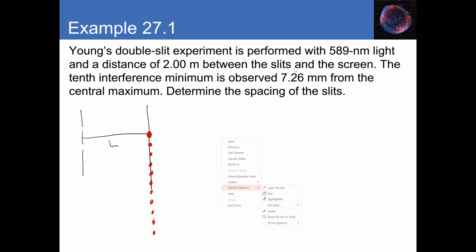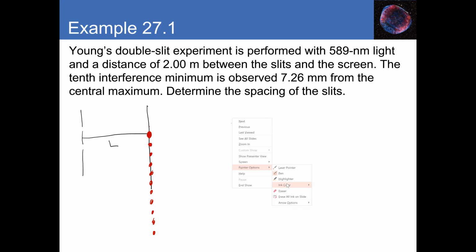This says we want the 10th interference minimum. That means we are looking for the 10th dark fringe. So 1, 2, 3, 4, 5, 6, 7, 8, 9, 10. There you go. That means we're looking for this one.